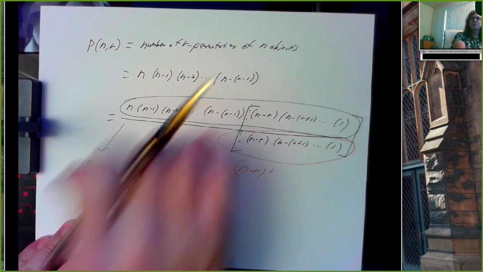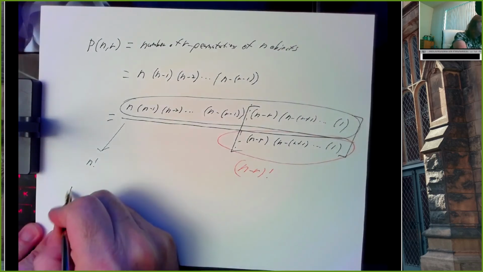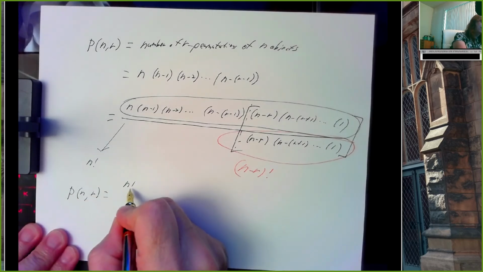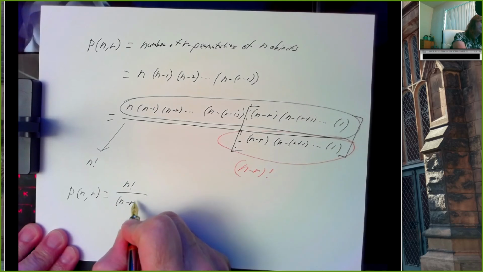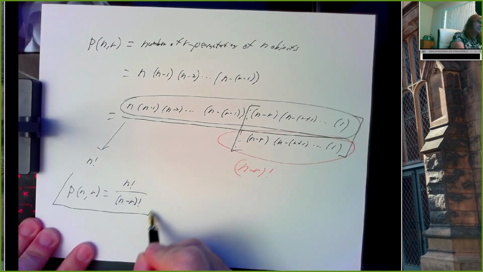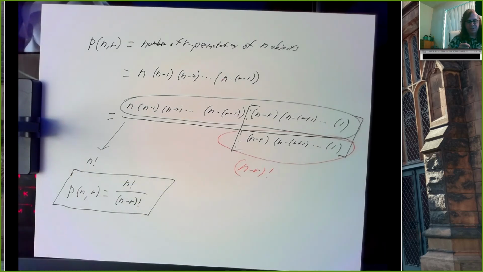So if that doesn't click, don't worry about it. You can take this as a given. The number of r-permutations of n objects is equal to n factorial over n minus r factorial. And that's something you can put on your note sheet and use in solving problems related to permutations.